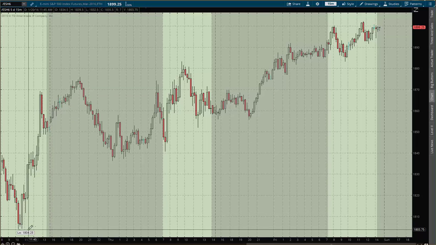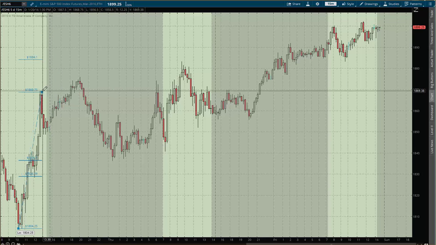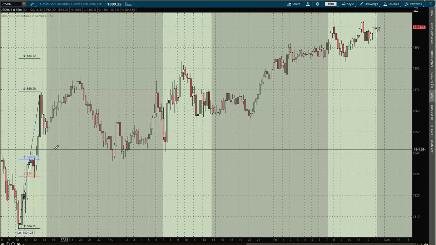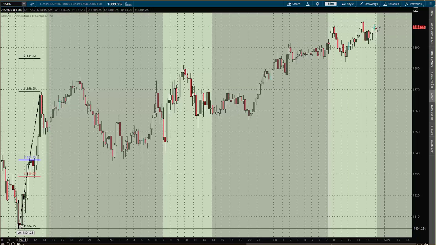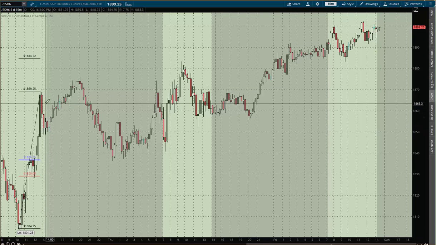We want to look at the same one that we looked at initially, which is from here to here. And we see the same thing, but with a little bit more detail, that we picked up immediately from a traditional move from lows to highs.